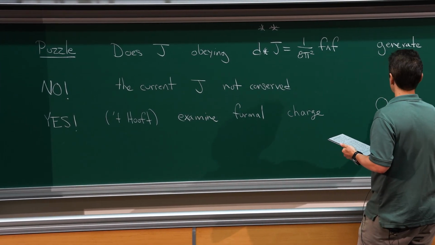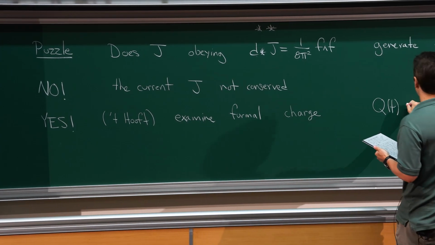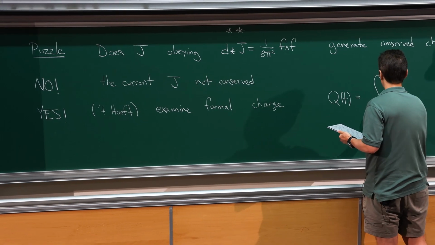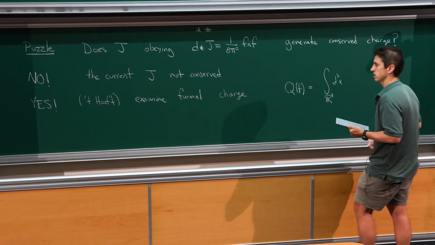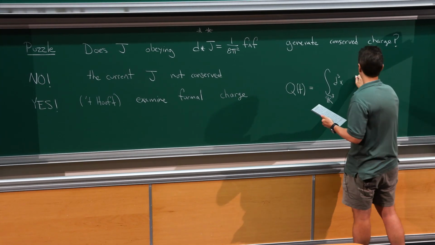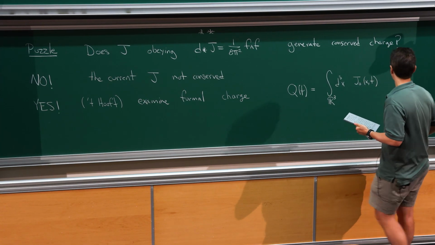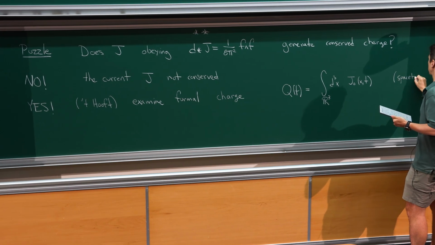So I just ignore this divergence, and I just try to write a charge Q. It depends on time. It's an integral, say, over all space, which in this level of analysis we just take to be R3, of J0 of x,t. So here we could think that space-time is R4, Euclidean space-time.